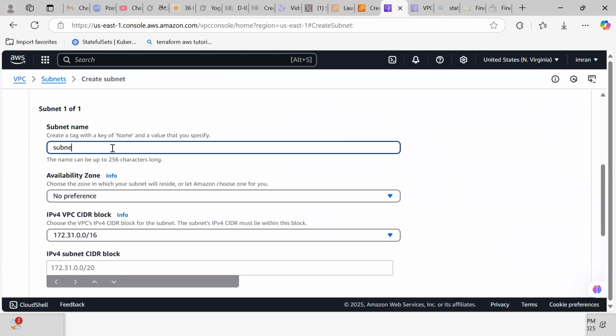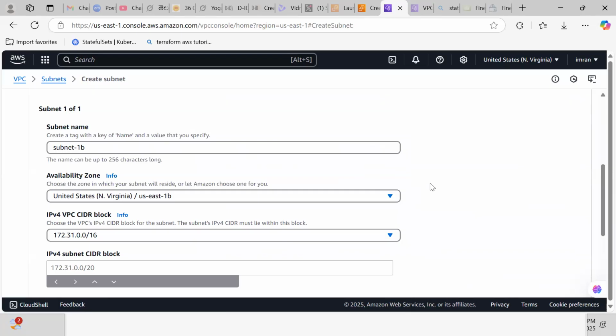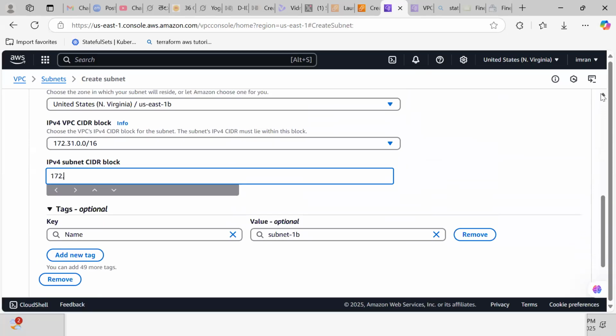While practicing, you use custom subnets only. I'm using 1B here, don't keep it in the same availability zone. Then CIDR block I need to give. 172.31.x.x/20.